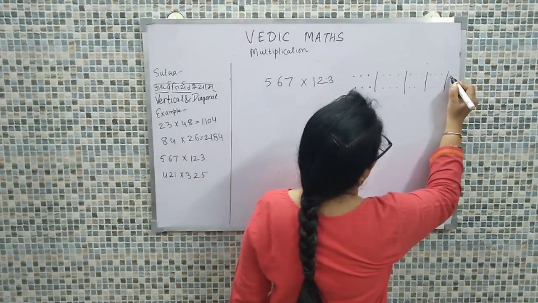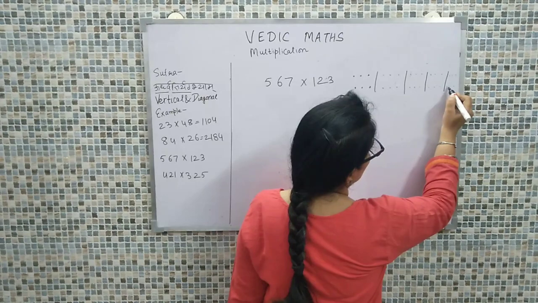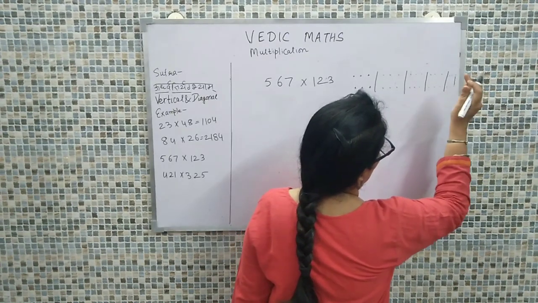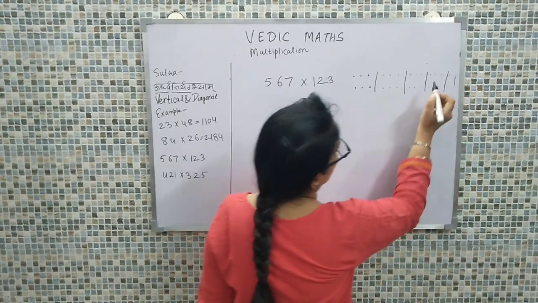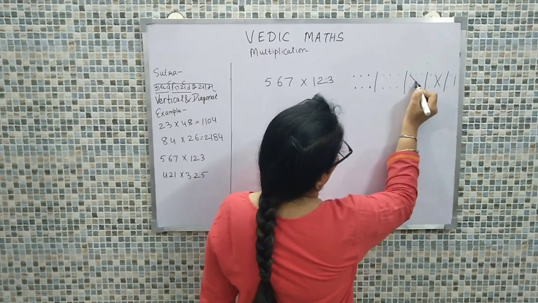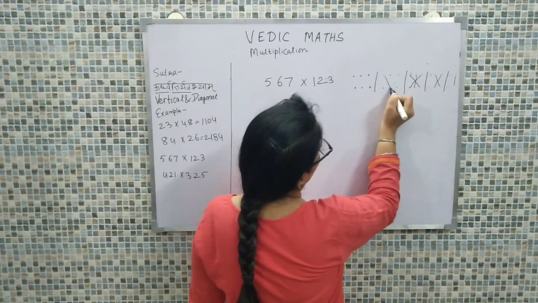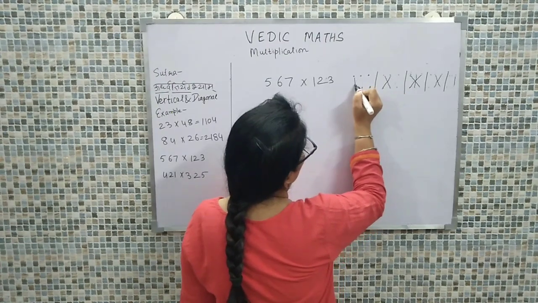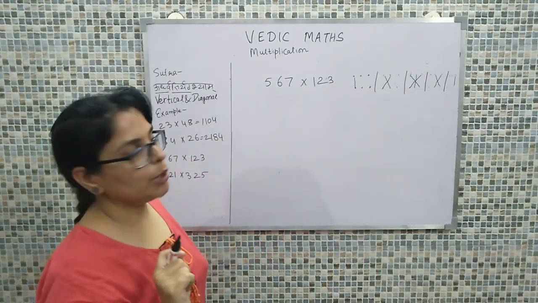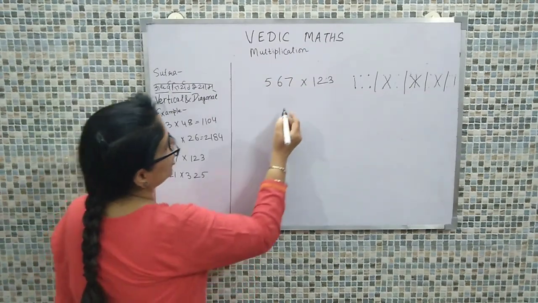This is the first digit, second digit, third digit, and this is the second multiplier, first digit, second digit, third digit. First we take the extreme right values, then these two, then these, then these, and this will be the last one. This rule you have to keep in mind. Once you have it in your mind, you can easily go for the multiplication.